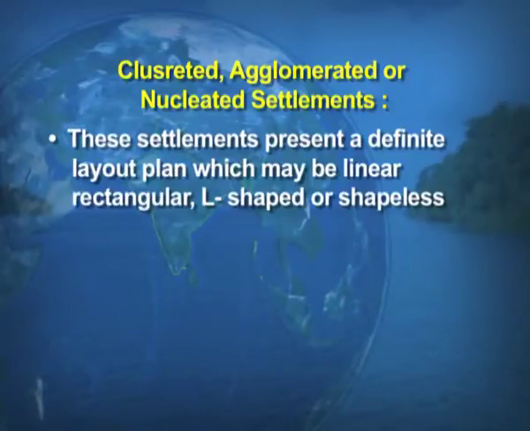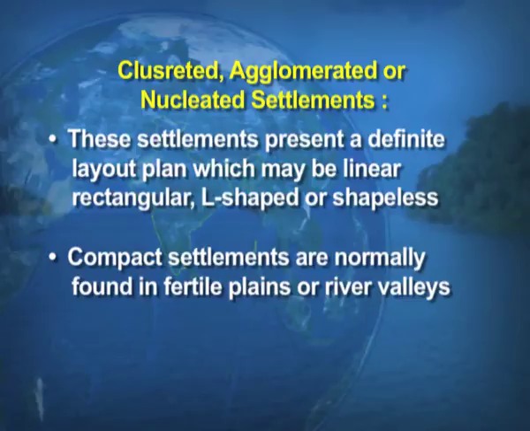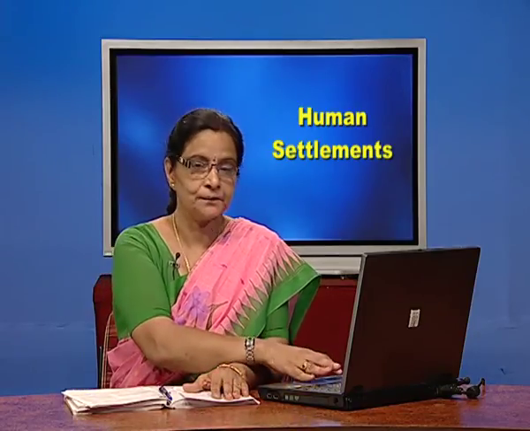These settlements present a definite layout plan, which means they can be of linear shape, rectangular shape, L shaped, or sometimes shapeless also. Compact settlements are normally found in the fertile plains or the river valleys, and sometimes the people live in compact villages for security and defense reasons, as we have already discussed.